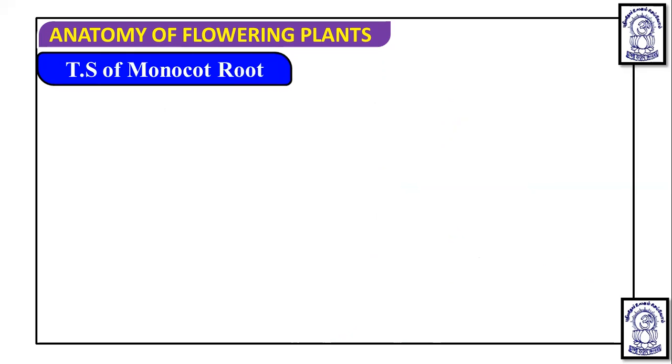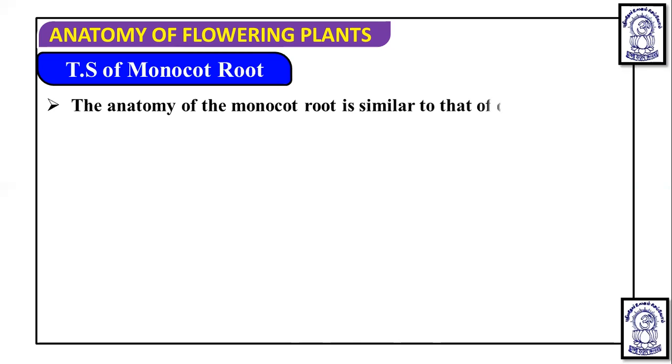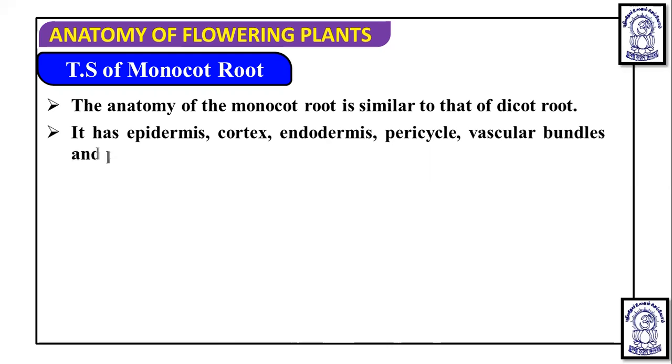So in monocot root, dear students, the anatomy is mostly similar to the dicot root, with epidermis, cortex, endodermis, pericycle, vascular bundle, and pith as in the dicot root.